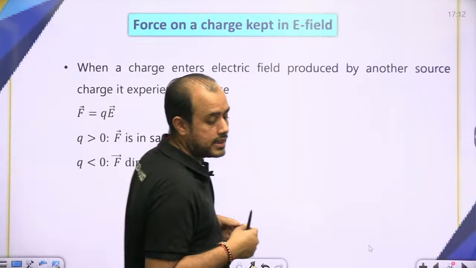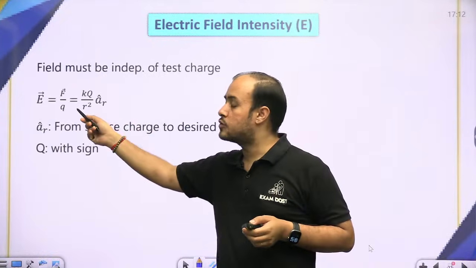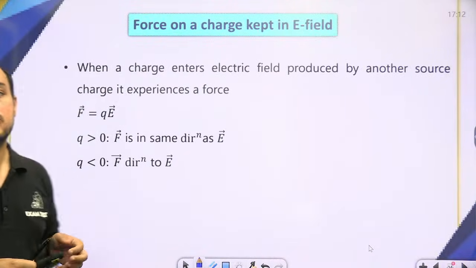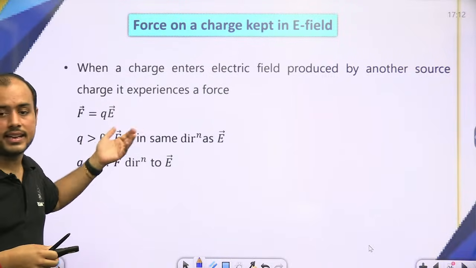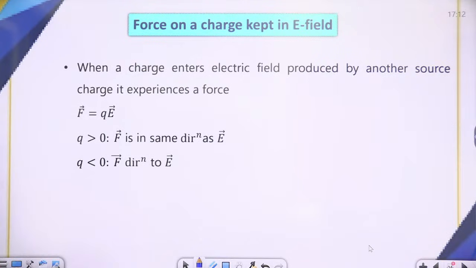Now, how can we find the force then? If electric field is force per unit charge, then force will be charge into electric field. So whenever a charge enters the electric field, it will experience a force, and that force will be equal to charge into electric field. Now, if the charge is positive, F vector and E vector will be parallel to each other.